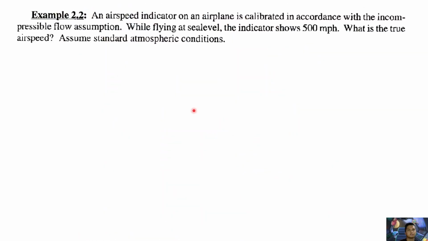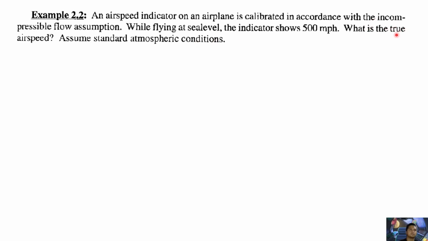That's just the definition. So, a sample: an airspeed indicator on an airplane is calibrated in accordance with the incompressible flow assumption. While flying at sea level, the indicator shows 500 miles per hour. What is the true airspeed? Assume standard atmospheric condition.